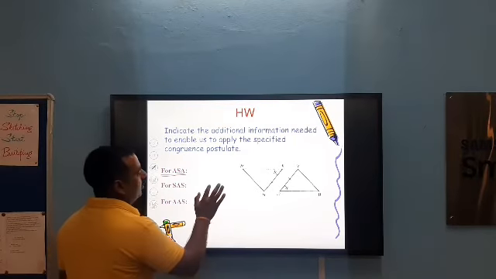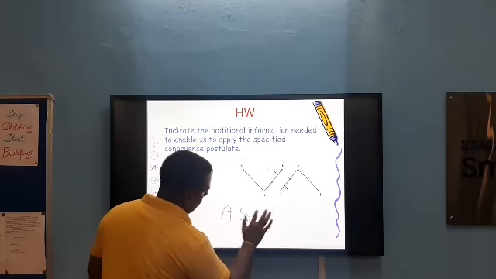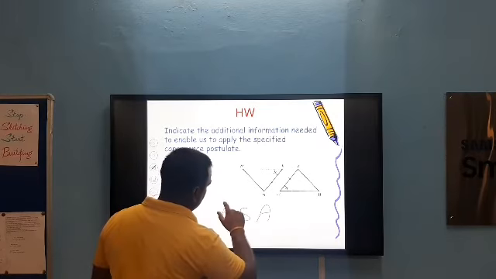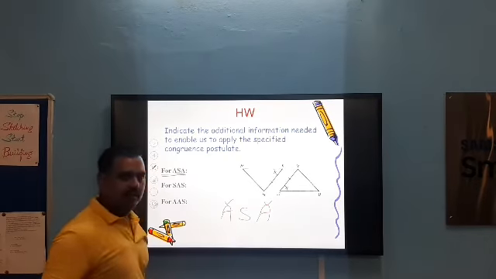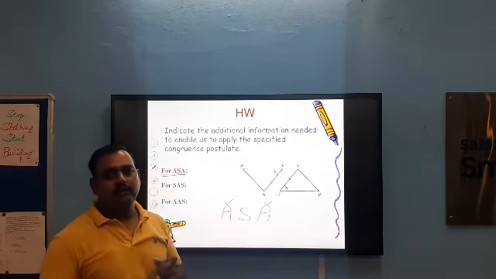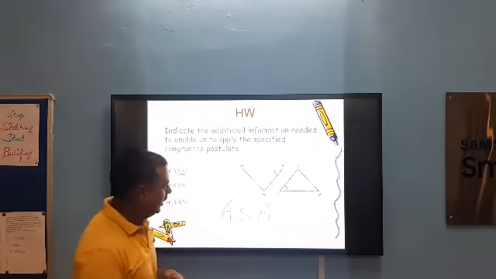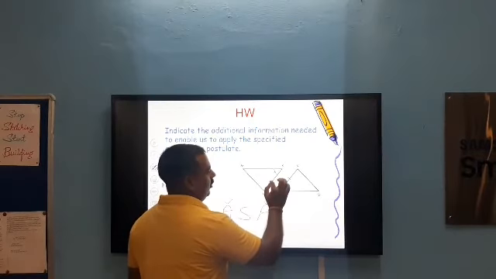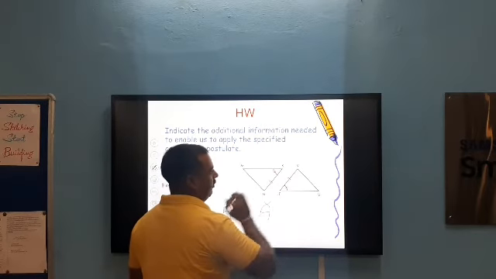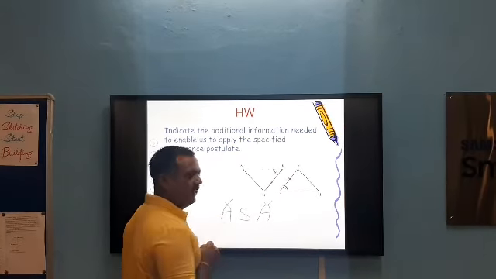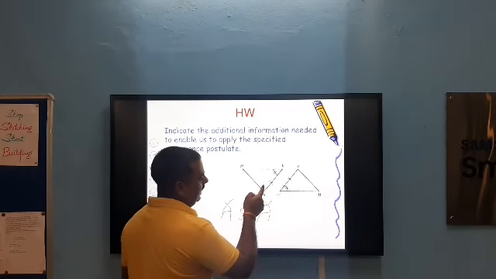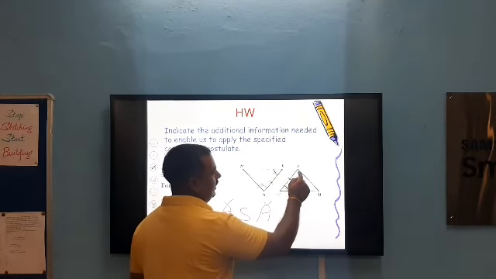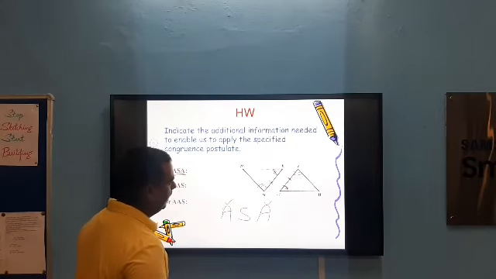So for ASA, we must know two angles equal and one side equal. The side must be included. So here the side is given. At the end of this side, angle K is equal to angle T. So the other angle must be angle N equal to angle V.